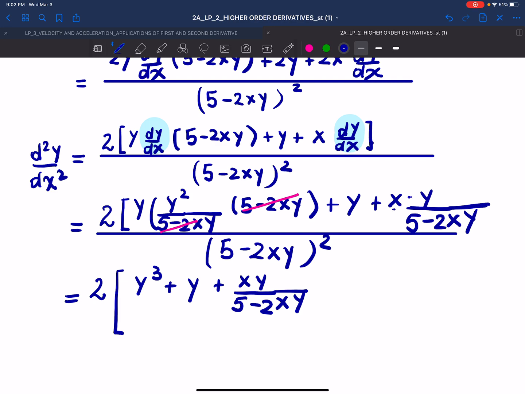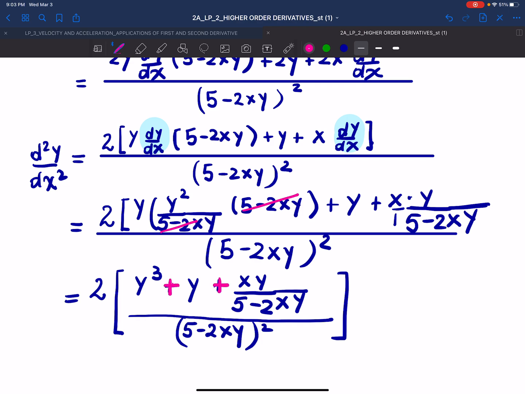So these two will multiply each other, right? Now all this will be over (5 minus 2xy) to the power of 2. So you see how we have a plus in here and a plus in here? And all of them are under the denominator, (5 minus 2xy) to the power of 2.